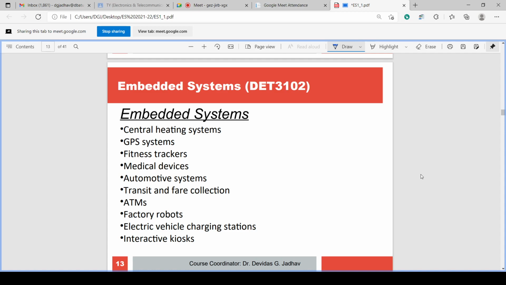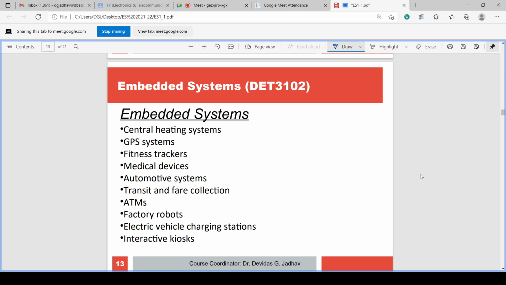Then GPS, global positioning systems, and fitness trackers. Okay, the wristbands: fitness trackers. How much walking is done, how much stretching and exercise is done, how much time the exercise is being done, and all that.